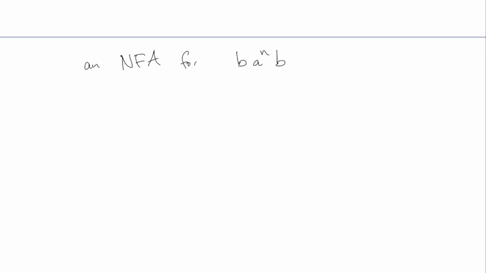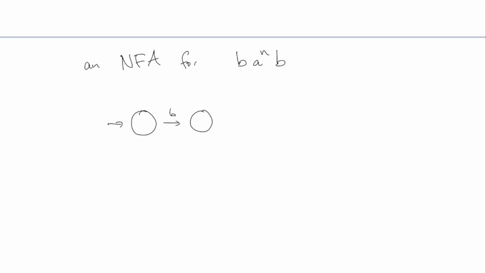I think this is an NFA where you can kind of just read the string left to right. You got to start with a B, and then maybe have some A's, and then another B. Anyone want to suggest? You got an idea? Do you do a starting state that only shoots out B to another state? Okay, great.